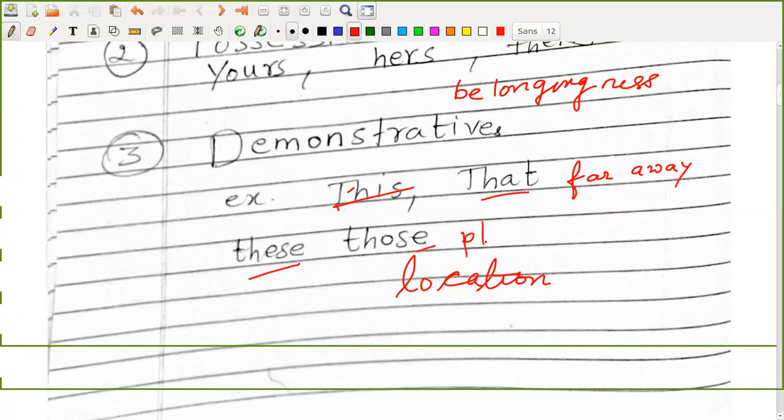Those and these are plural; this and that are singular. If something is near, you say this book is mine; those books are theirs. So this, that, these, those are all used for location; they are demonstratives.